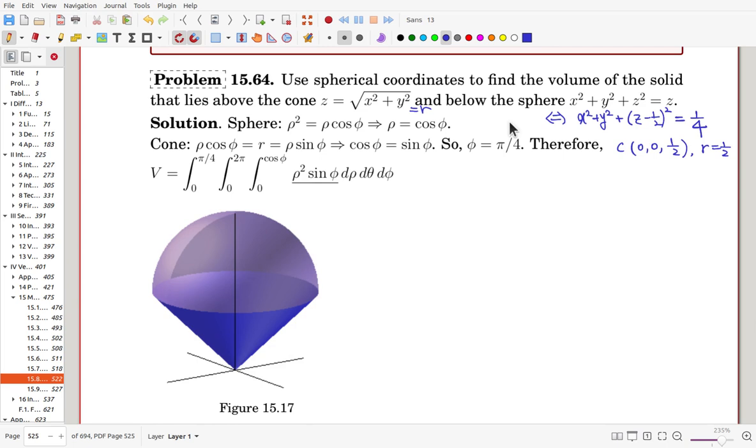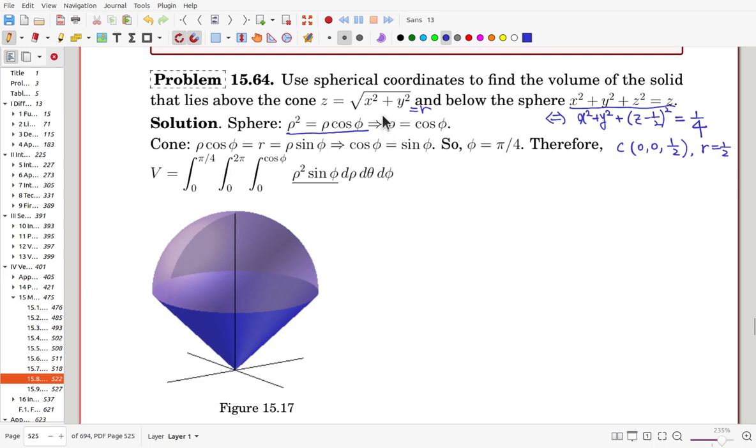So we have to recognize the shape of the given objects anyway. Now, to get the volume, we have to use spherical coordinates. First of all, this equation we can express this way: rho squared, and z is rho cosine phi.